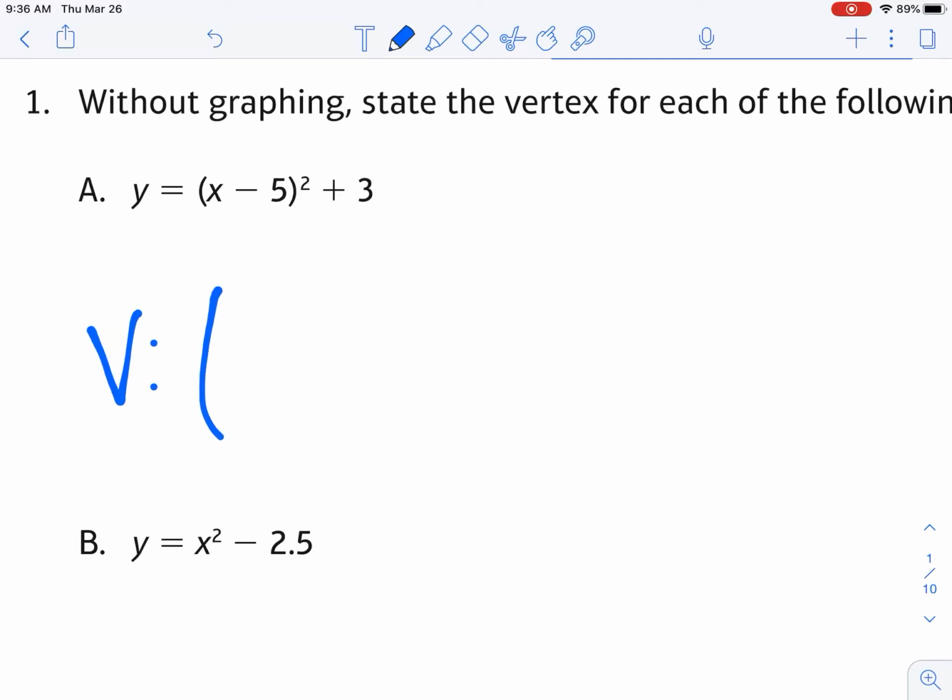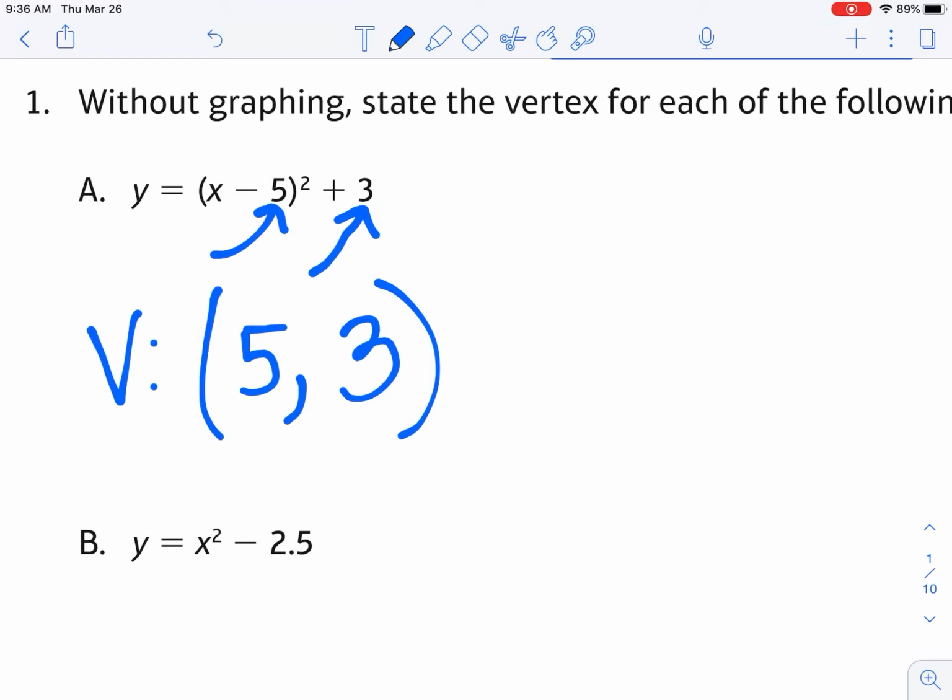So to get the vertex, we take the opposite, which is the opposite of a negative 5, a positive 5, comma, same, and that is a positive 3. What this is really starting to tell you is that the opposite of a negative 5, when it happens with x, means it's moving left to right.